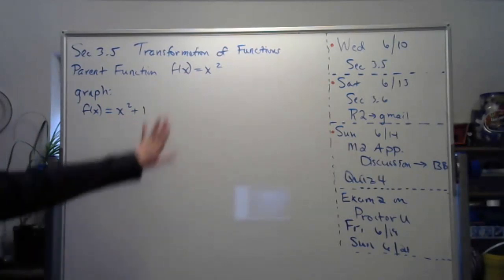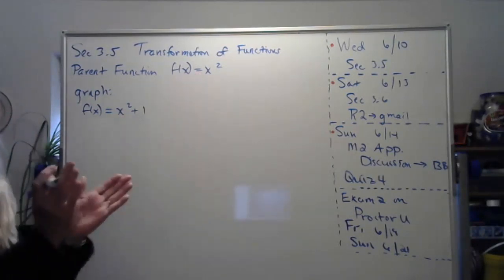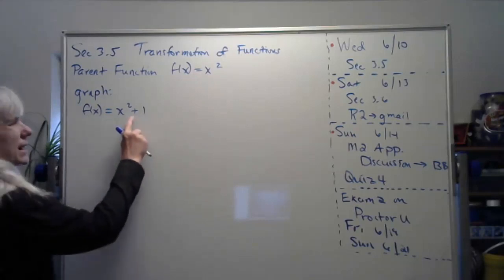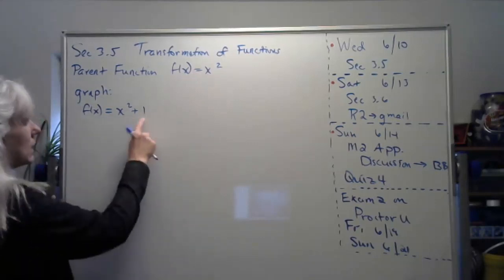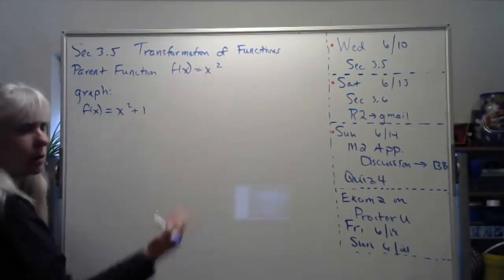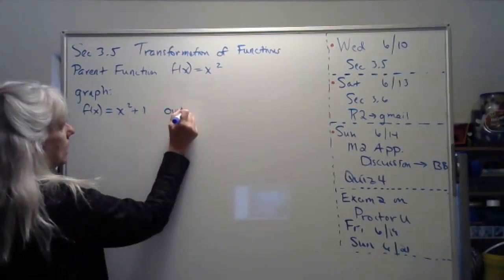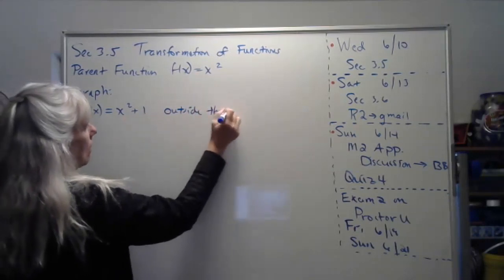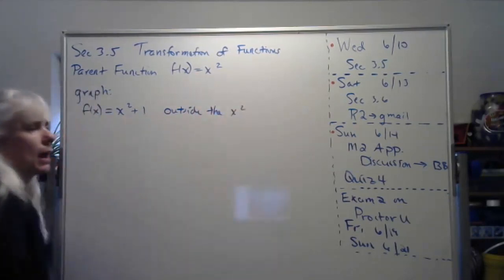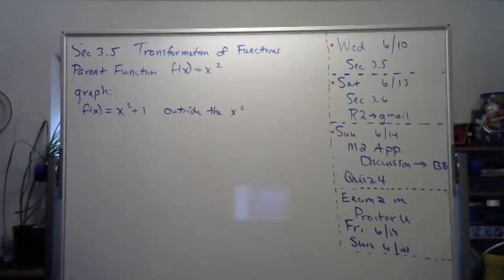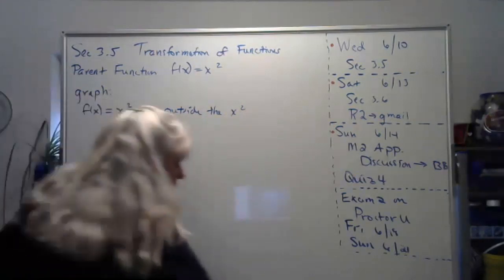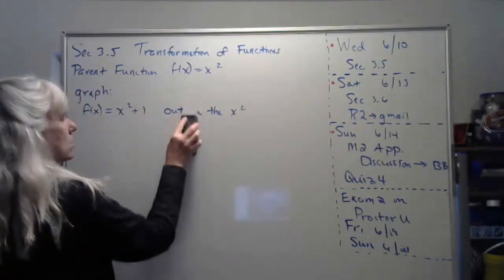So I still have the same parent function of a parabola, but what I've done is added a plus 1 after the x squared. So what we're going to notice is that this plus 1 is outside of the x squared. I'm just going to use the word outside because it makes the most sense to us. It may not look like it's outside, but it's outside.